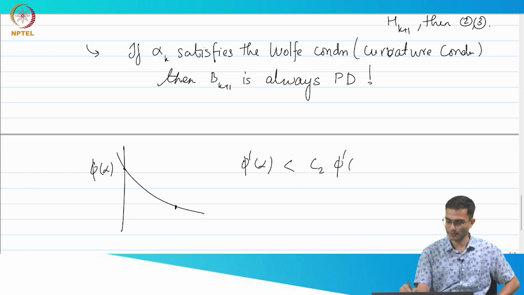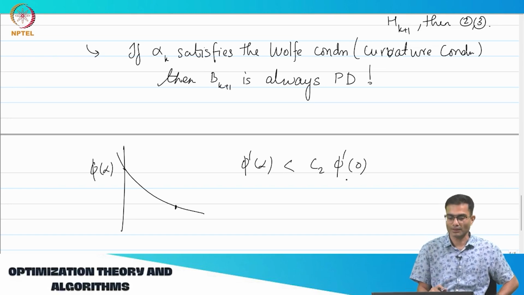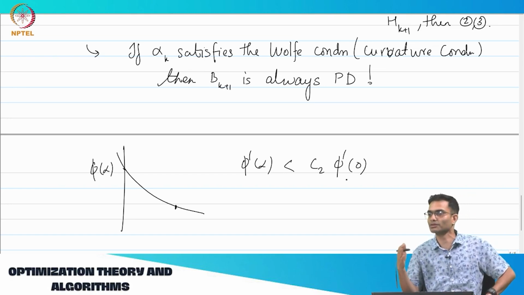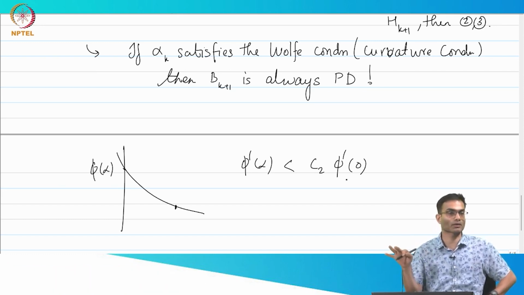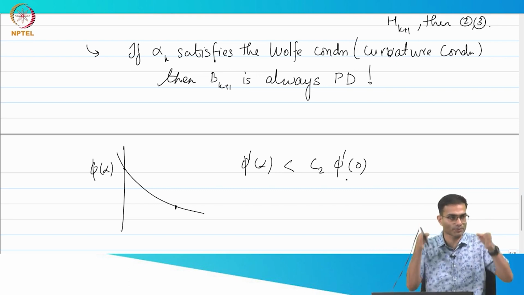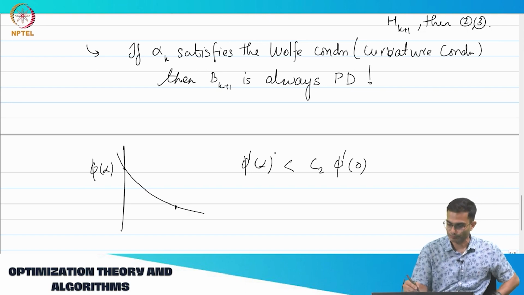C2 times phi dash of 0. If you remember it in words, you will always remember what is going on over here. Now phi dash of 0, remember the way I have drawn this graph over here, phi dash is positive or negative? Negative, right? And this is the curvature condition, not the strong curvature condition. So there is no absolute sign over here.